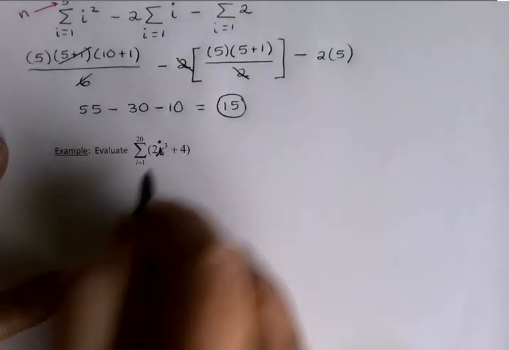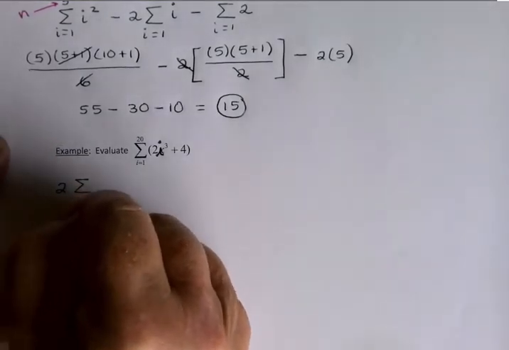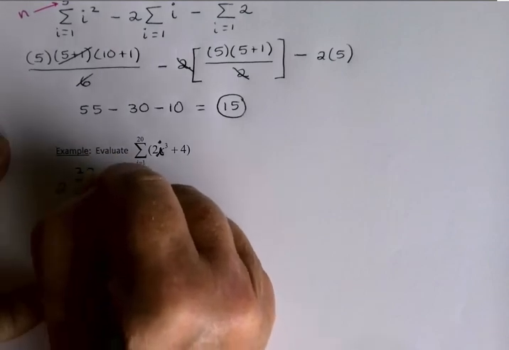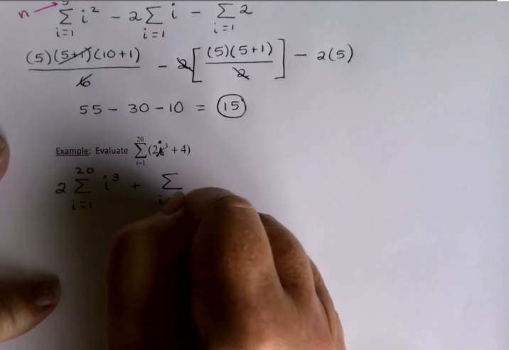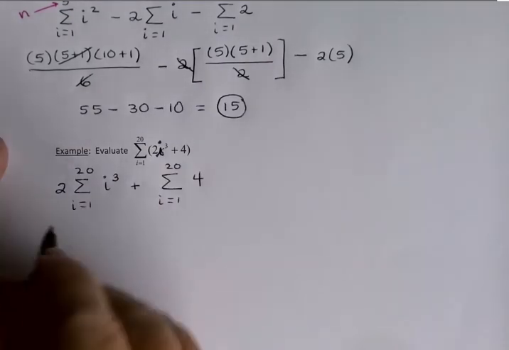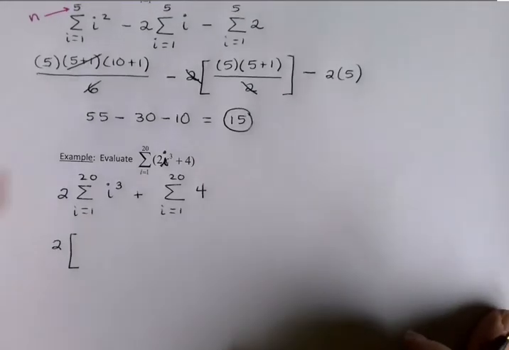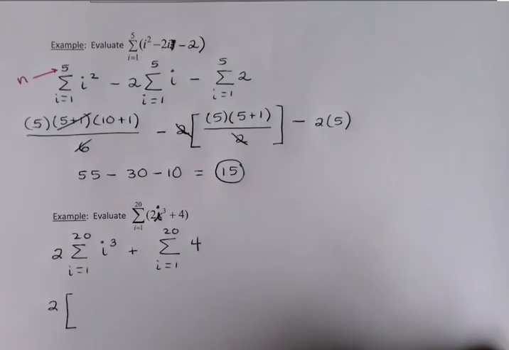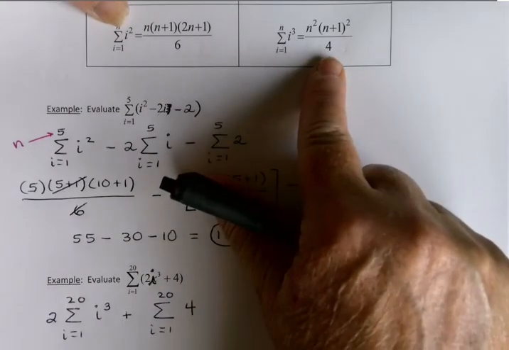Instead, let's think of this as 2 times the sum of i cubed plus the sum of 4. That would be 2 times, and for i cubed, I'm just going to go ahead and borrow this formula right here. Notice that in this case my n is 20.